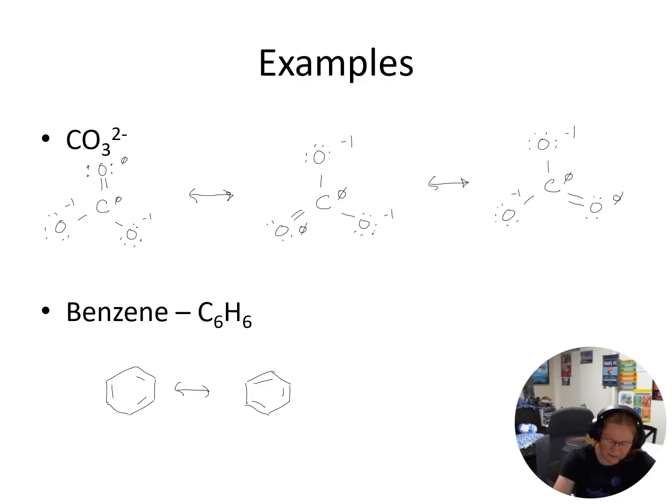So if I have a carbon here with 1, 2, 3 bonds, then I would have one of the hydrogens there. So 6 points, 6 carbons, each with 1 hydrogen. Now, I can draw the resonance hybrid here. So the way this is drawn usually is just with a circle in the middle, showing that those double bonds in that ring are all completely delocalized and they're equally spread throughout.